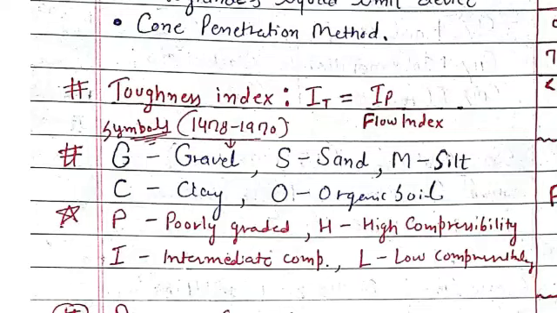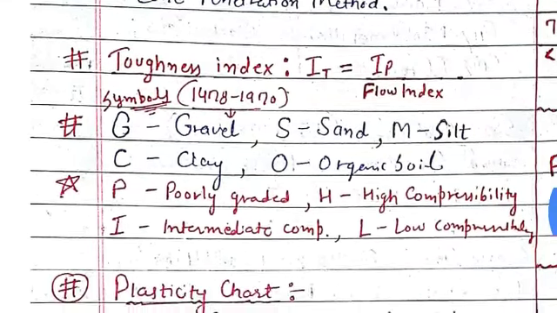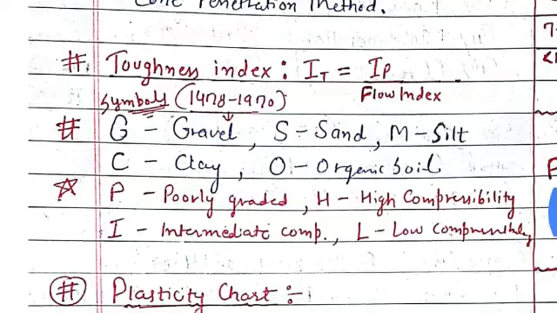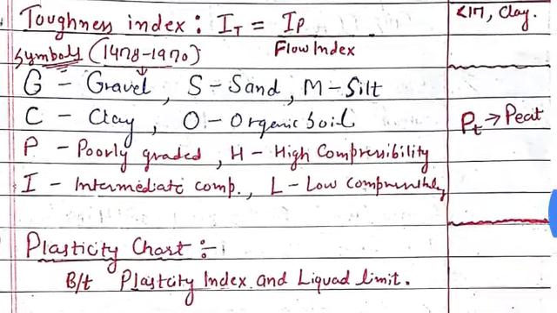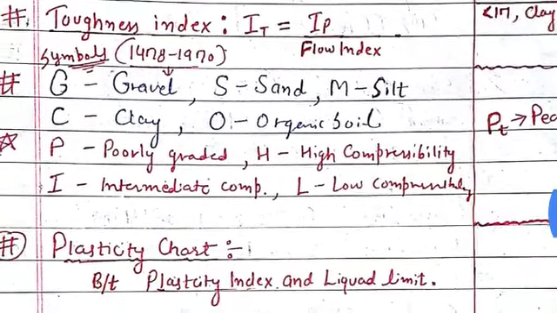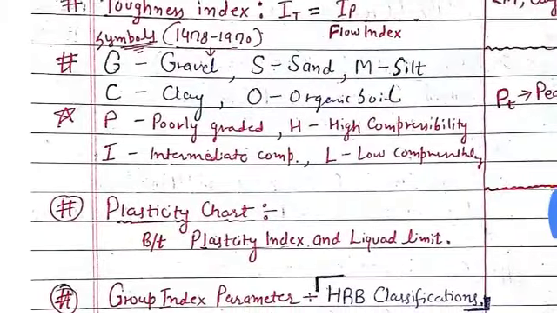As per IS 1498-1970, symbols used for different soils are: G stands for gravel, S for sand, M stands for silt, C for clay, O for organic soil, and P is poorly graded, H is high compressibility, I is intermediate compressibility, L is low compressibility, and PT stands for peat, that is organic soil.